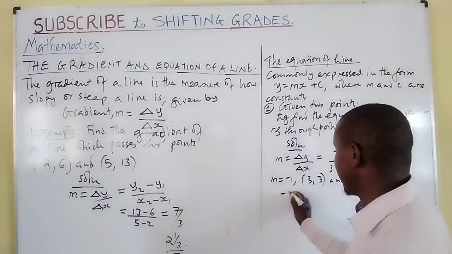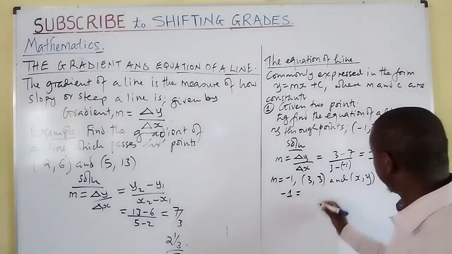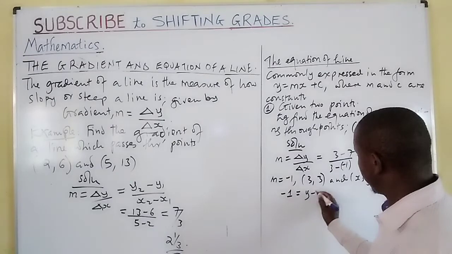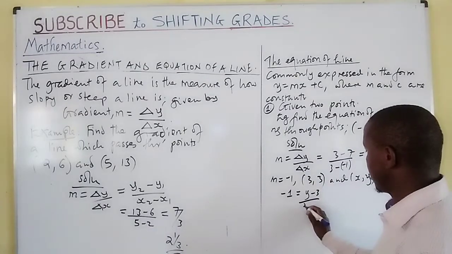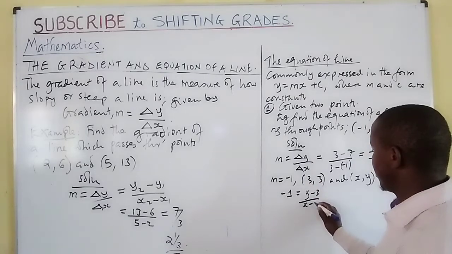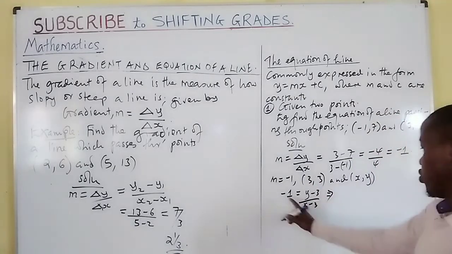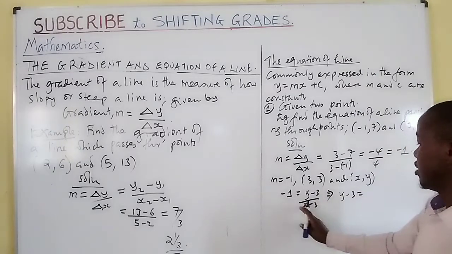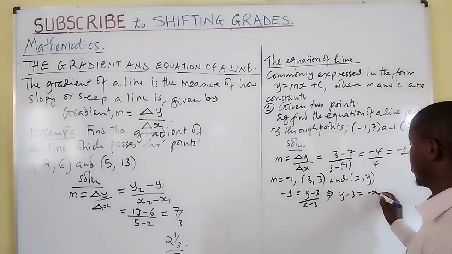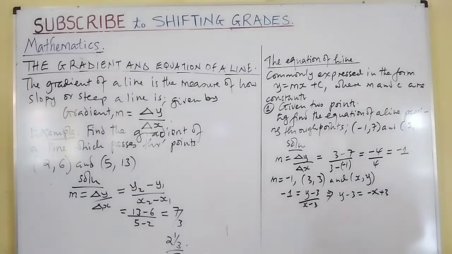We say that the gradient is given by y minus 3 all over x minus 3. When you cross multiply, this one will be y minus 3, and on the other side it will be negative 1 times (x minus 3), that is negative x plus 3.